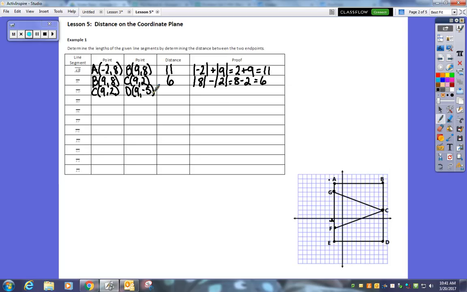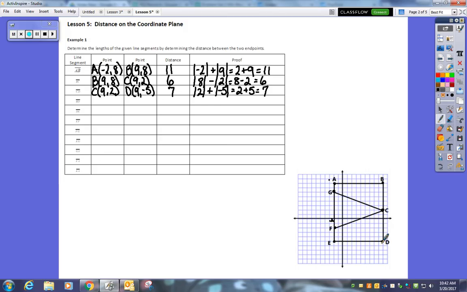Looking at the 2 coordinates that are not the same, it's 2 and -5. They have different signs. So we would add their absolute values together and get 7. And again, if you count between the 2, 1, 2, 3, 4, 5, 6, 7.